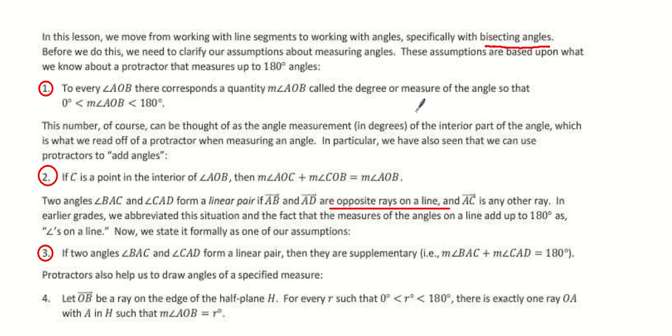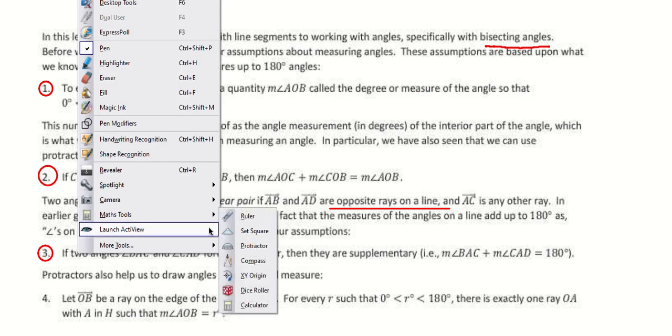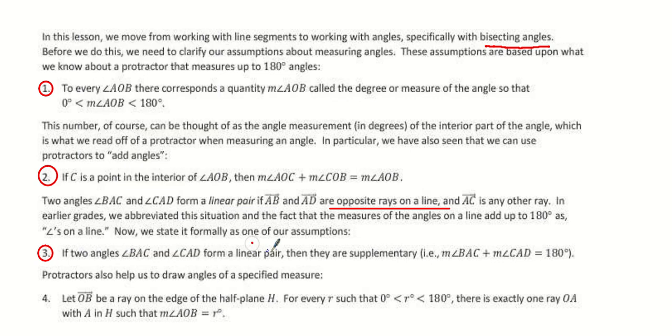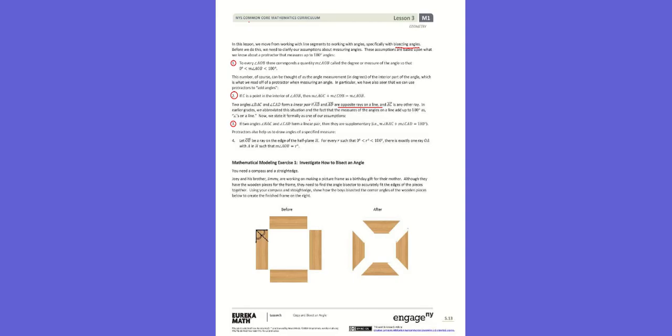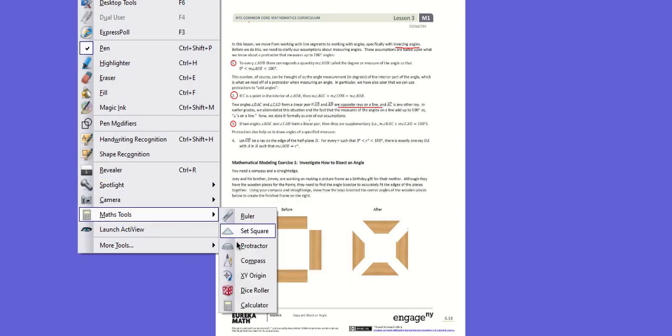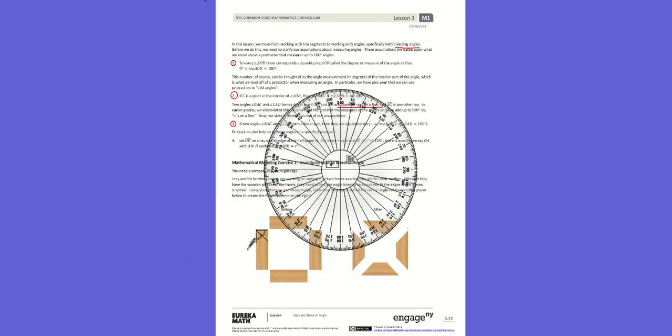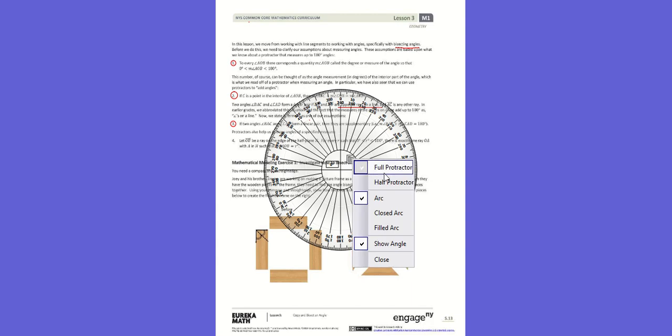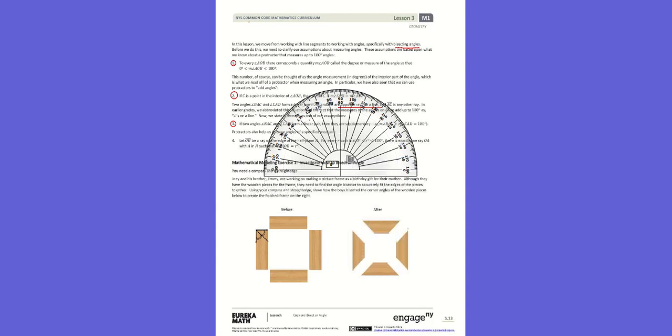So if you use a protractor, if you don't know what a protractor is, it looks like this. I don't know where it went on my screen, but it's there somewhere. Apparently not. Let's try that again. Tools, math tools, protractor. There we go. So this is a full protractor. Usually you see the half protractors that look like this.